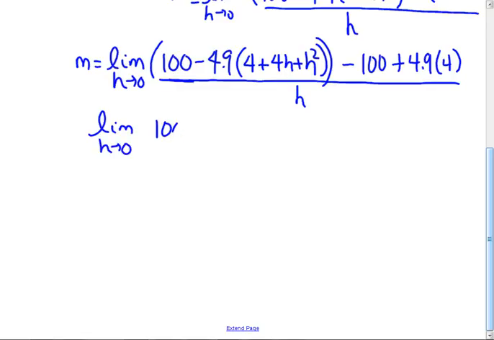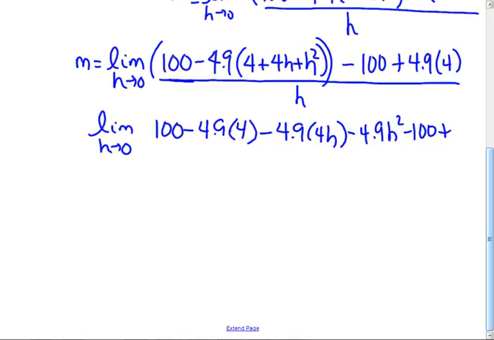It's 100 minus 4.9 times 4. There's parentheses. Minus 4.9 times 4h. Minus 4.9 h squared. Minus 100 plus 4.9 times 4. Things are going to go away. Okay, so what goes away? 100.